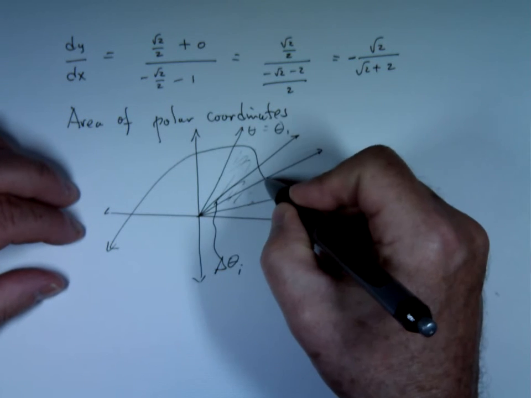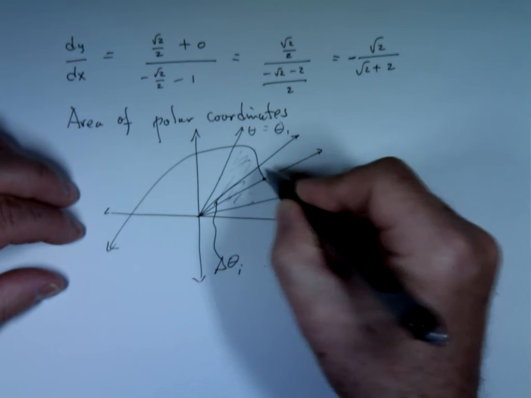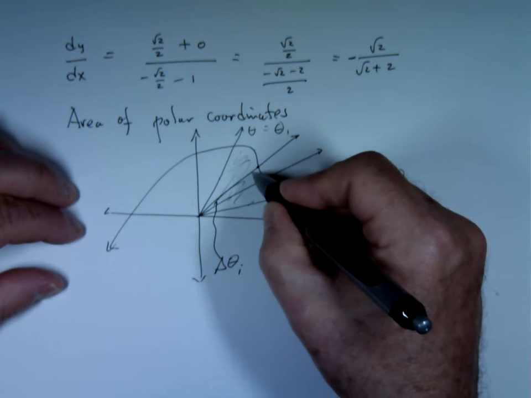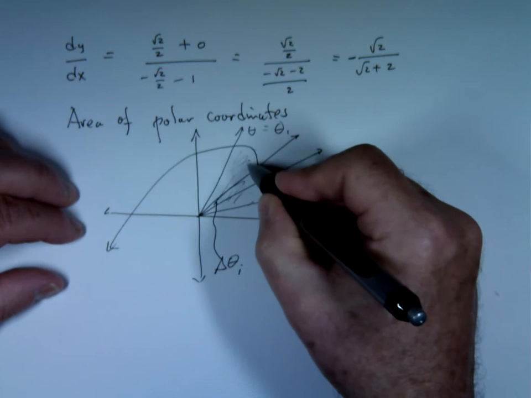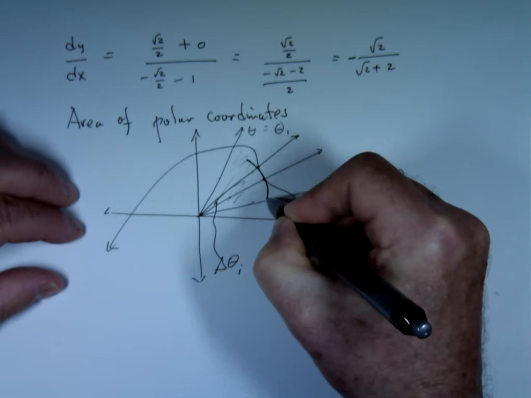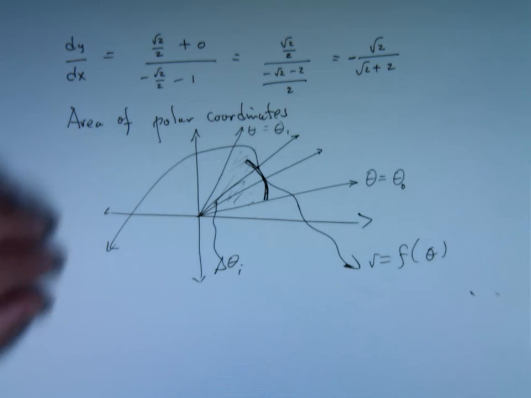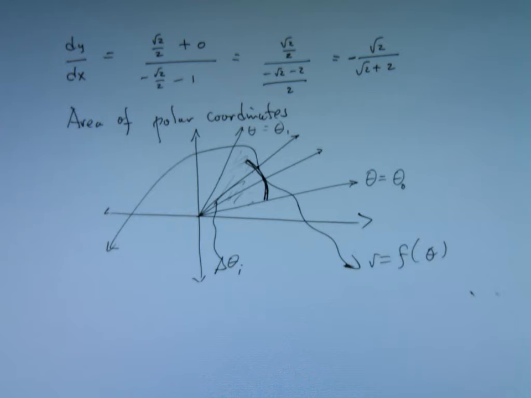Now, we can go out along this R or this R and make an arc of a circle. Let's take this R here. This is similar to the process of using left endpoints or right endpoints for the rectangles. It just doesn't matter which ones you take because you're going to let the number of them go to infinity and the delta x's went to 0 and these delta thetas will go to 0.